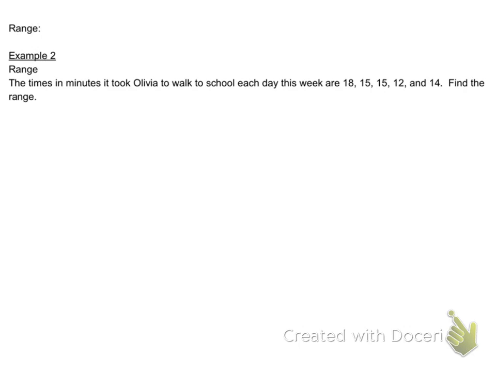The next thing we need to talk about when we're talking about data is the range. What is the range, guys? Someone other than the usual crowd here. Parker, you have an answer today. How far the numbers span. I like that. How far the numbers span. Now, there's a way to actually find that.